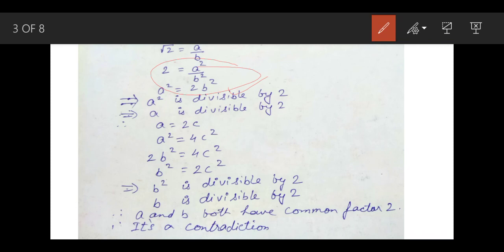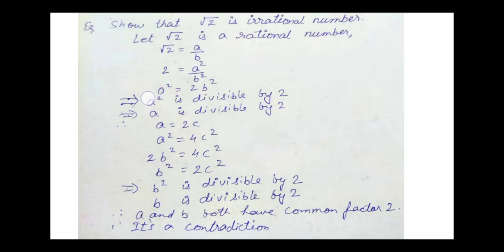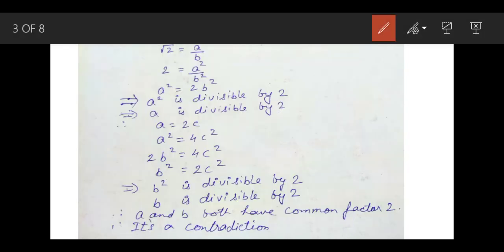This shows this a square is divisible by 2 because a square is 2 times b square. It means a square is divisible by 2. There is a property, if the square of a number is divisible by 2, then that number is also divisible by 2. So if a square is divisible by 2, then a will be divisible by 2.